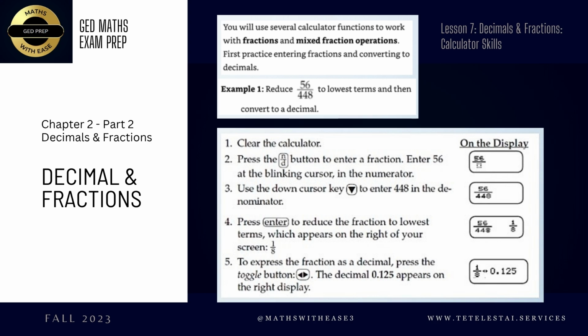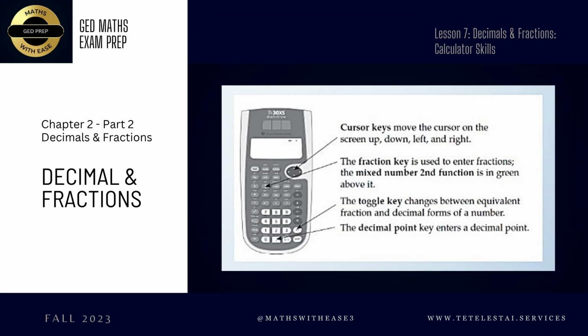And then to express the fraction as a decimal, you would press the toggle button to toggle between a fraction and its decimal equivalent. And so the decimal answer would appear on the right-hand side of the screen. And this is the toggle key that you would press.